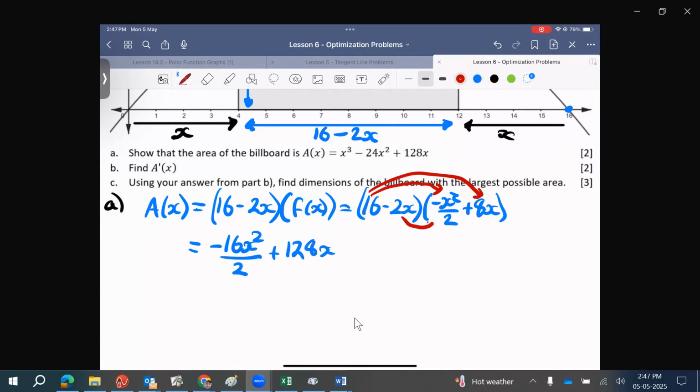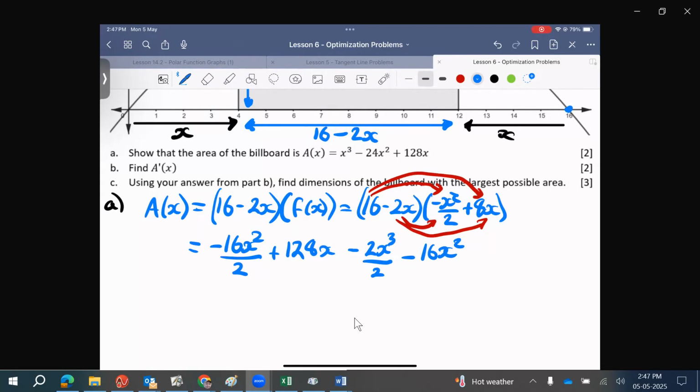Next, we want this one. Minus 2x times minus x squared is going to give us minus 2x cubed all over 2. And then lastly, we want minus 2 times 8, which is going to give us minus 16x squared.